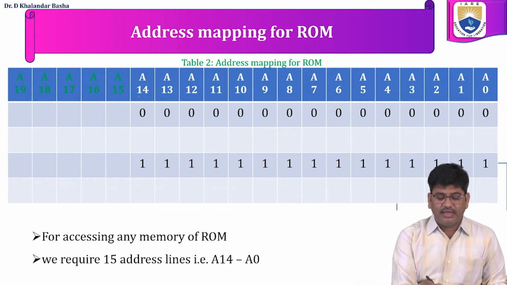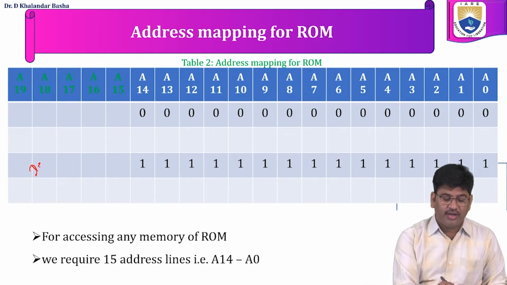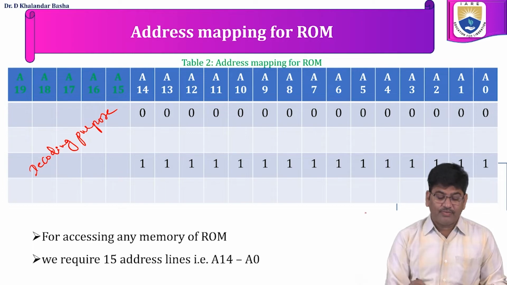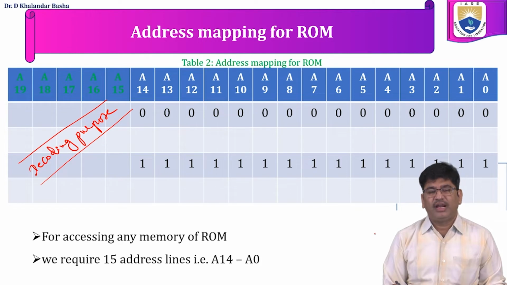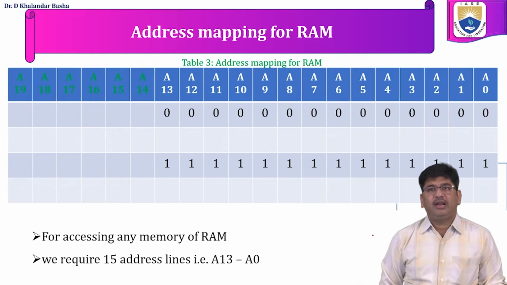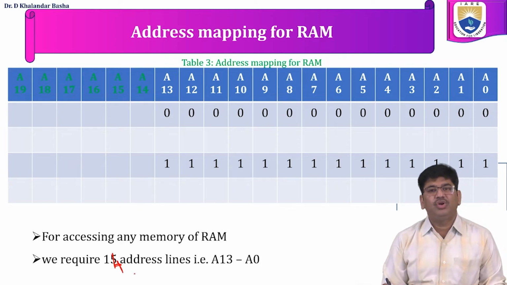The lines A15 to A19 are used for decoding purpose. For accessing the memory, A19 to A15 are not required, so those address lines we will use for decoding purpose. Now we will see the address mapping for the given RAM blocks. As per the problem statement, the number of address lines we require is 14, that is A0 to A13.